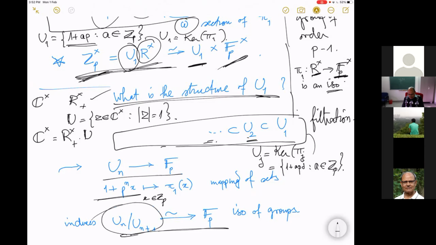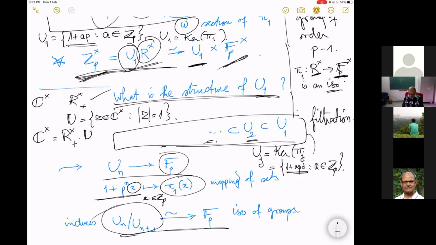But that's how U_n is defined. It's the kernel of pi_j, so its elements are of this kind. So he sends this element to pi_1 of this x. Pi_1 of any x in Z_p is, of course, an element of F_p.